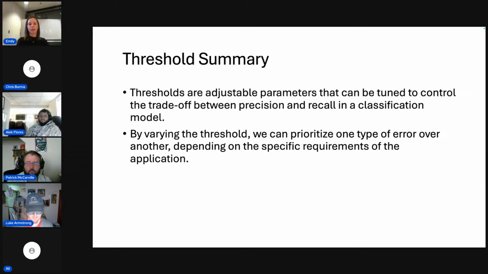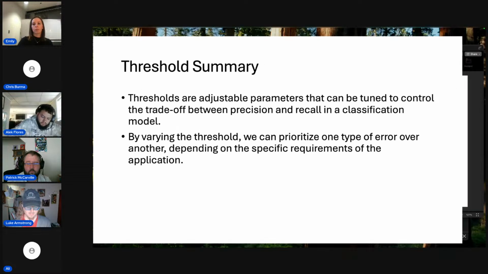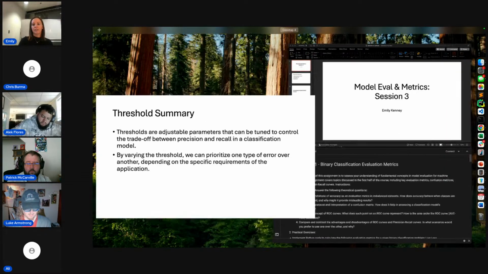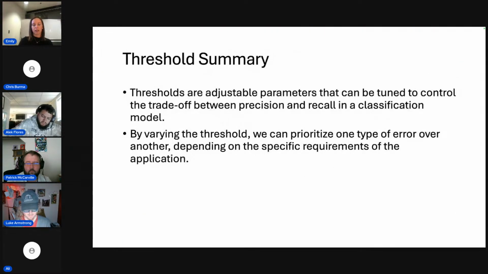I don't know if I want to call them a hyperparameter, but they're an adjustable parameter that can be tuned to really control the trade-off between precision and recall. So by varying this threshold, we can prioritize one type of error over another type of error to meet whatever our requirements are. So let's whiteboard here for just a second, and then we'll open up this breakout exercise.